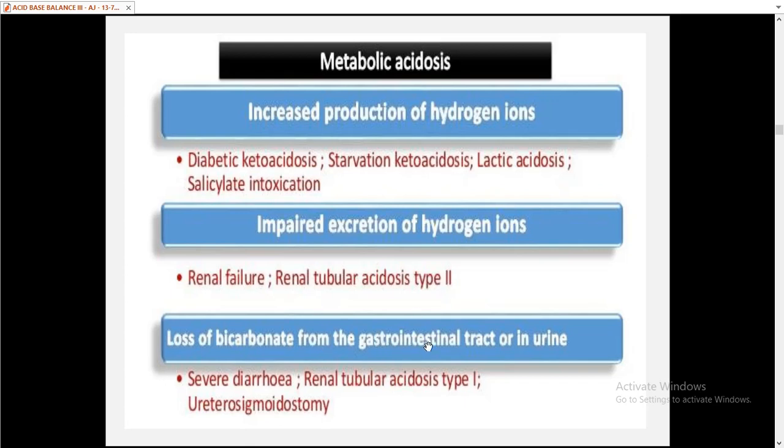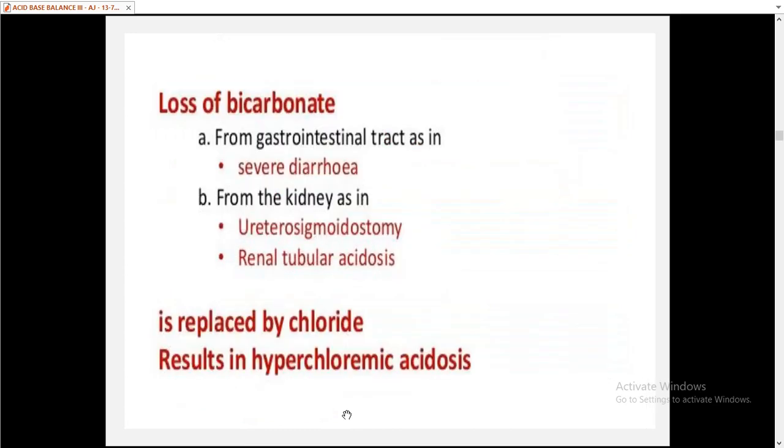Loss of bicarbonate from the GI tract or in the urine can be seen in severe diarrhea, in renal tubular acidosis type 1, and ureterosigmoidostomy. Whenever there is loss of bicarbonate, it is replaced by chloride, and this results in hyperchloremic acidosis.